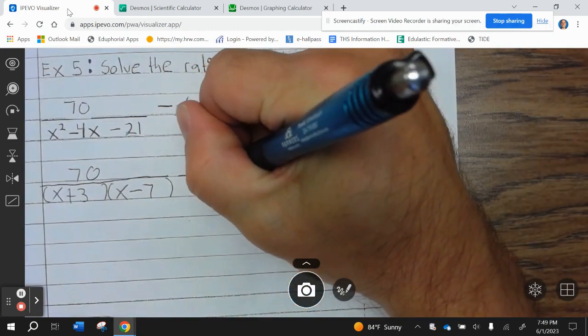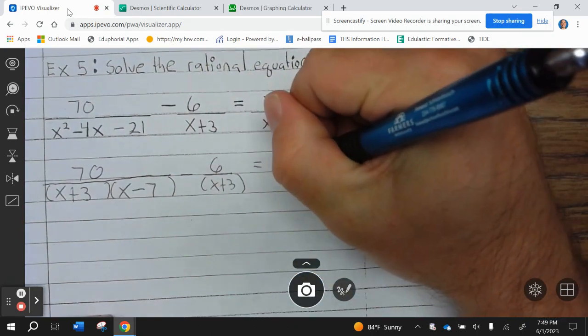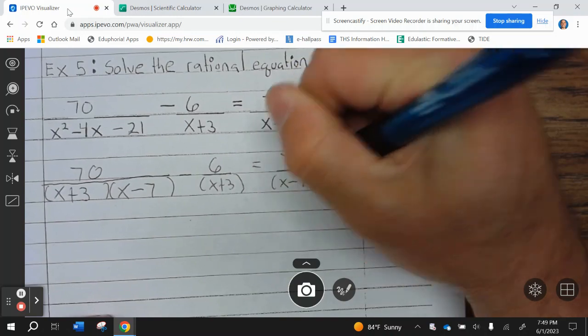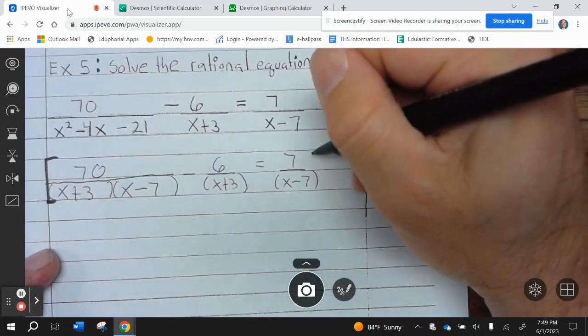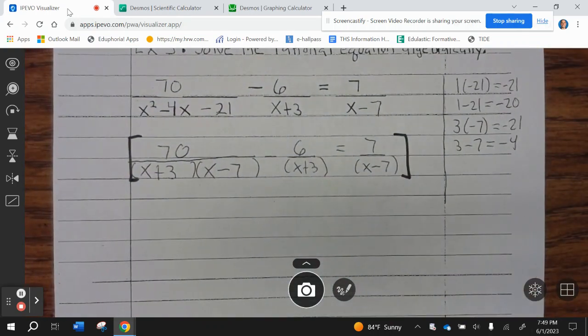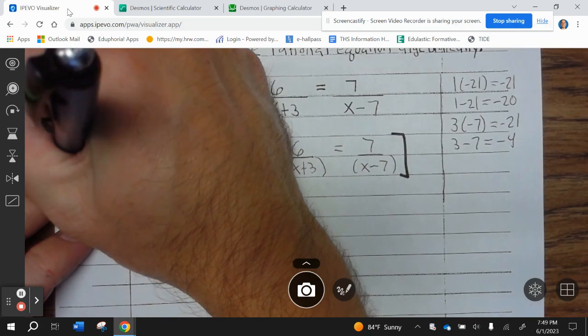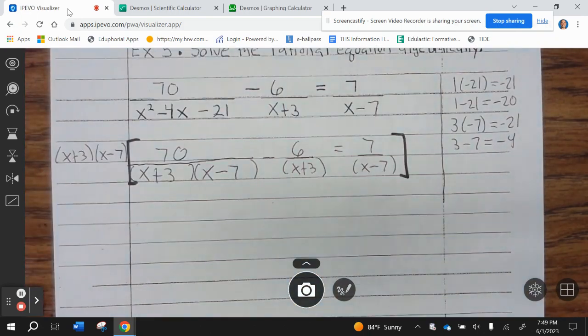Minus 6 divided by x plus 3 equals 7 divided by x minus 7. Now, we need to multiply everything by the common denominator, which is x plus 3, x minus 7.